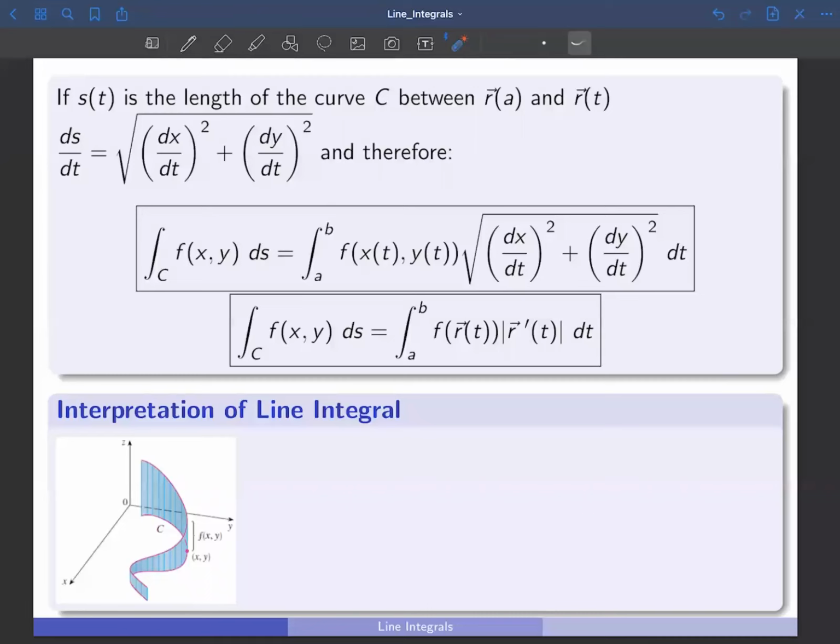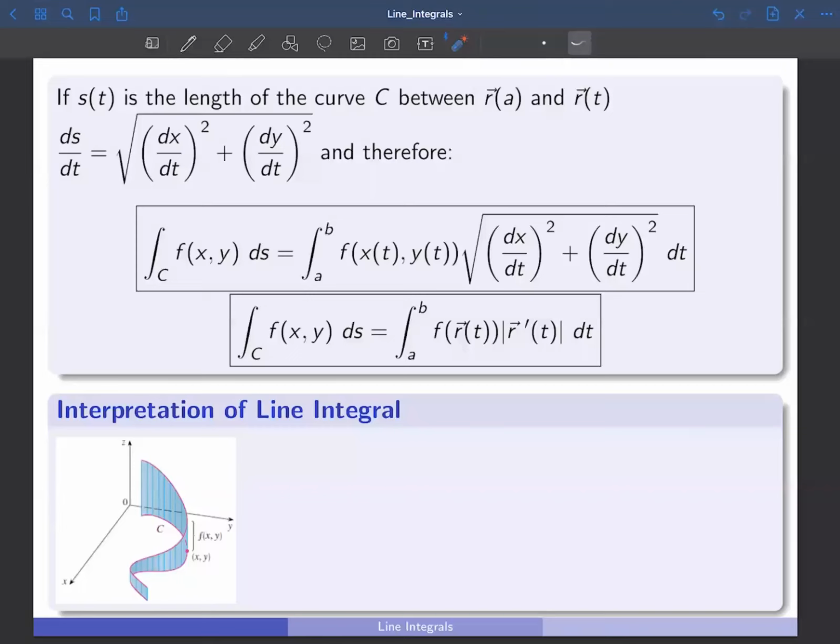Therefore, the line integral along the curve C of f of x comma y times ds will be, converting everything with respect to t, equal to the integral from a up to b of the function f, where x is expressed as a function of t and y is expressed as a function of t, times the square root of dx over dt squared plus dy over dt squared times dt.